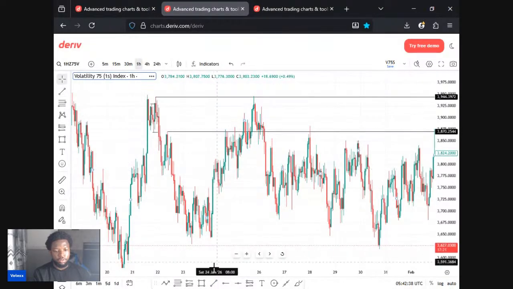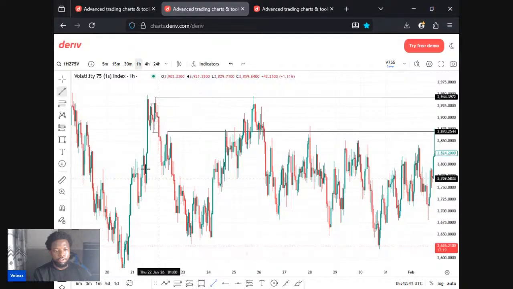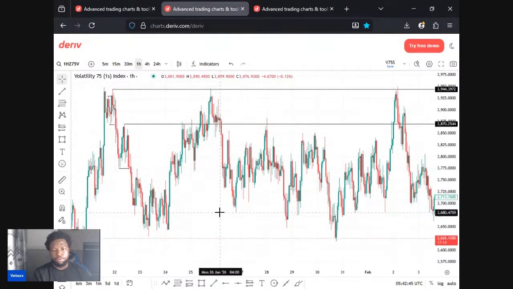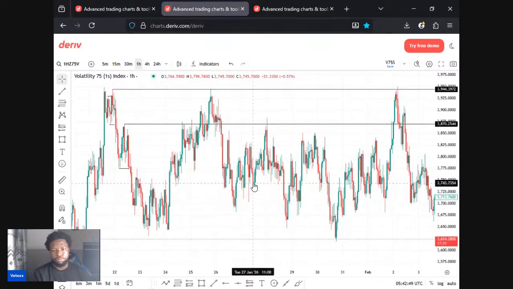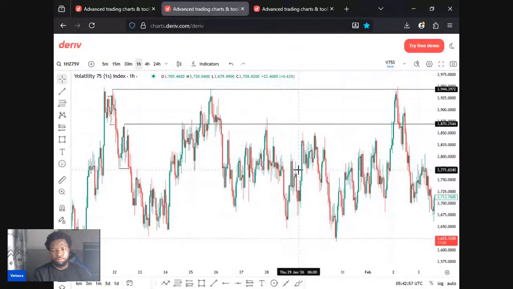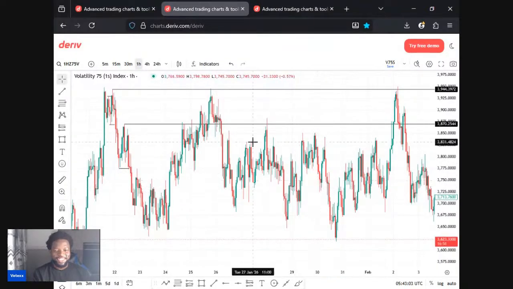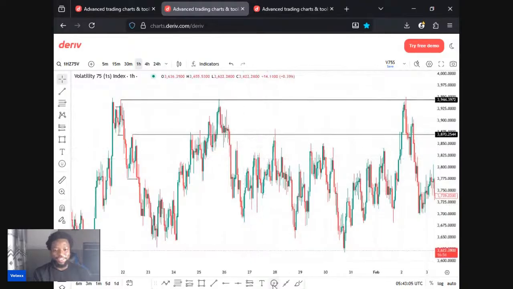And this is our second break of structure, which was here. Okay, so this is where we got our continuation entry.